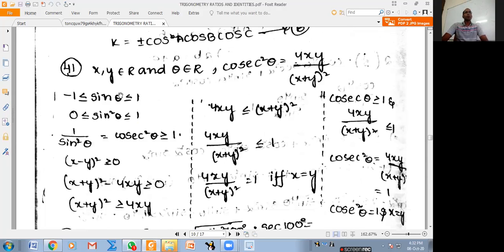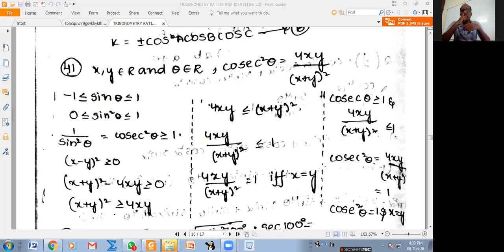Okay, this question 41 is a specific question. When you just started trigonometry in 10th class, it may be a little difficult to comprehend, but now we can understand a little better. We all know sine theta value is always between -1 and 1. Sine square theta is between 0 and 1.